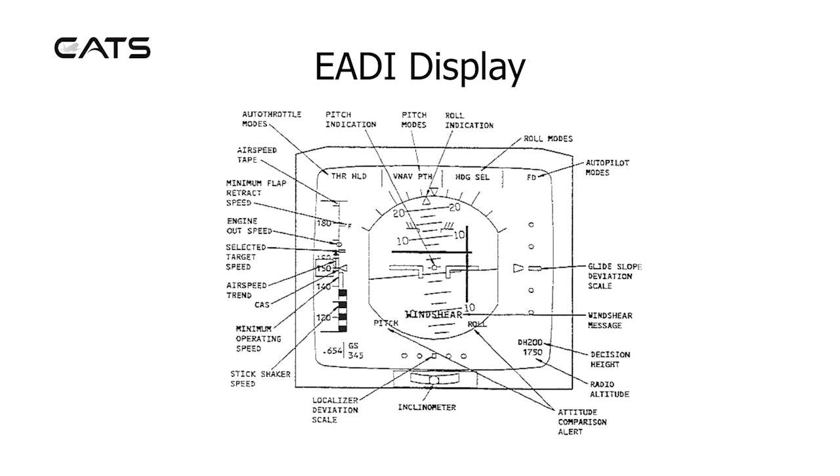In the left corner is the ground speed and Mach number.